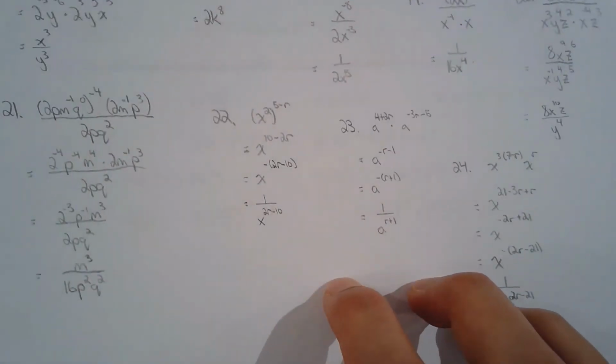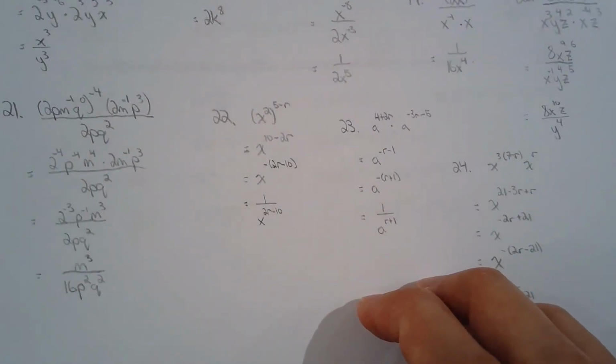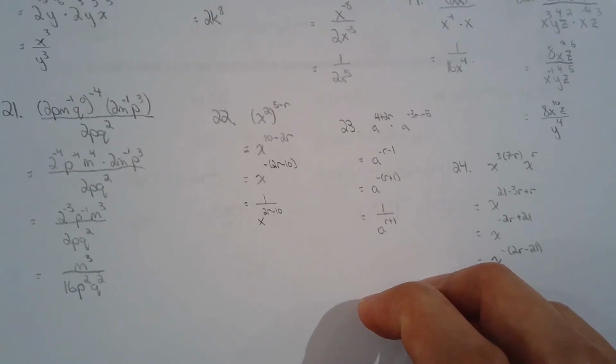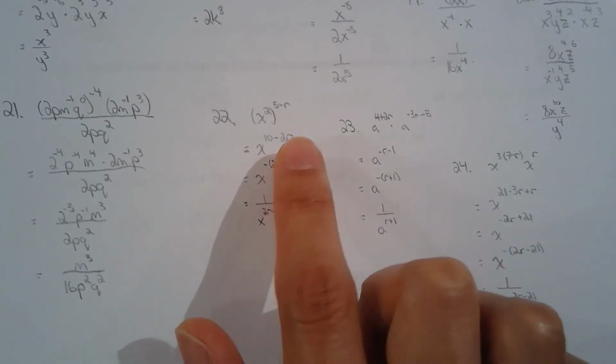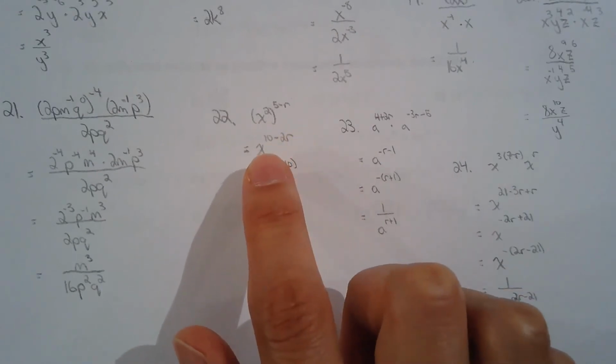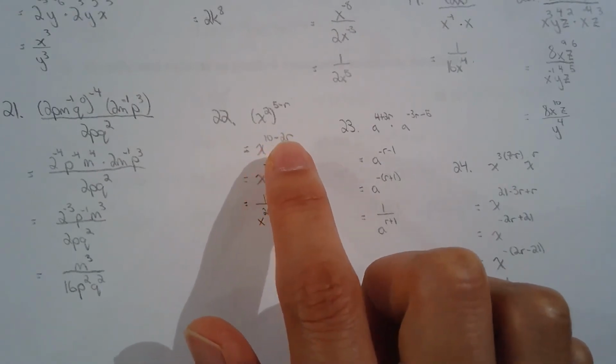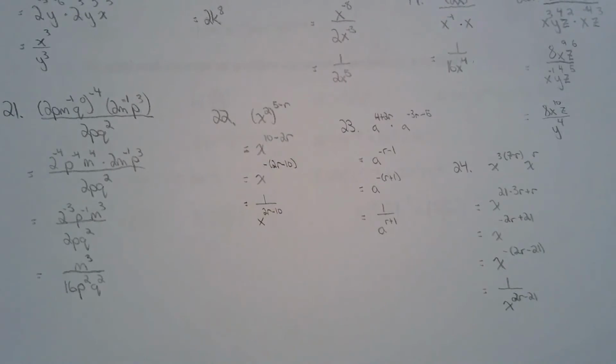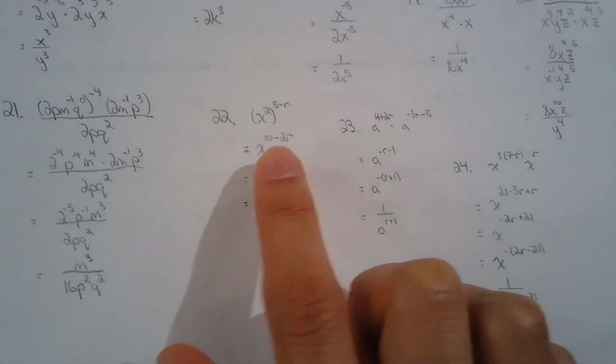For 21, it looks challenging, but if you just take your time and follow BEDMAS, you'll be fine. Okay, for 22, if a student left it as x to the power of 10 minus 2r, I'll accept that answer, but 10 minus 2r is not written in standard form.